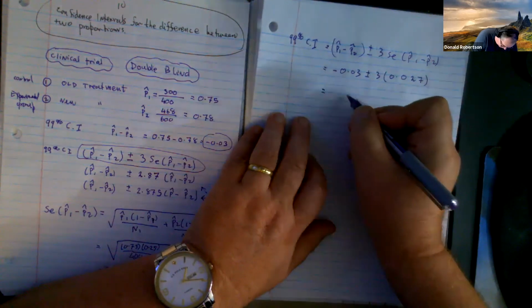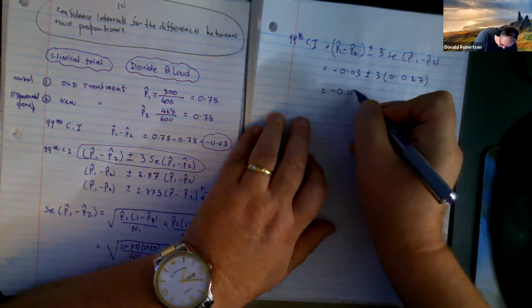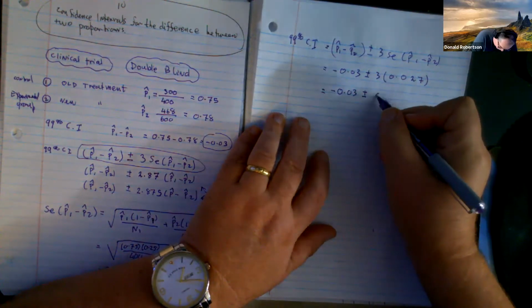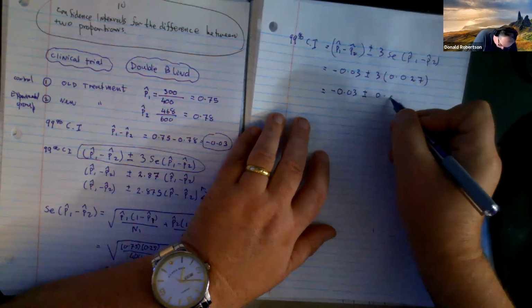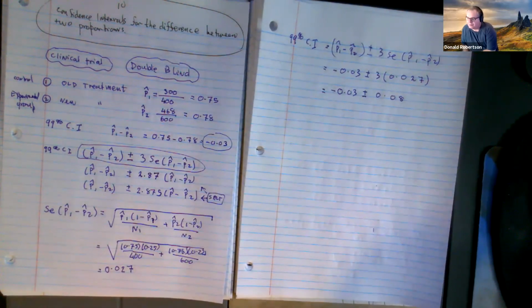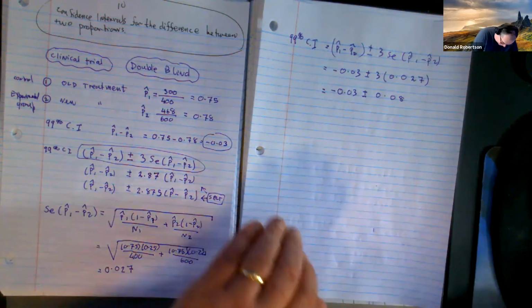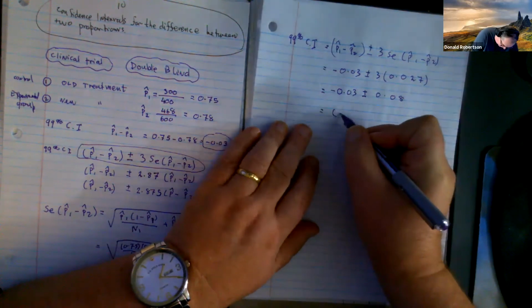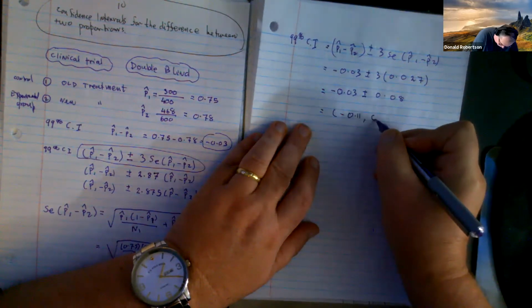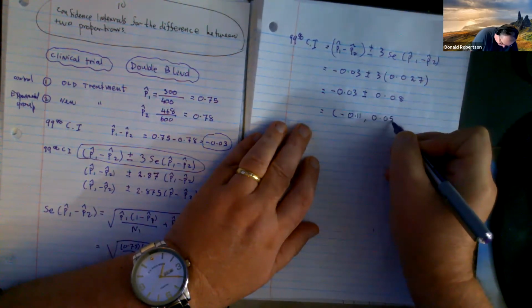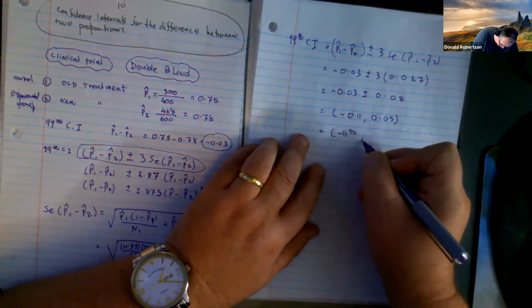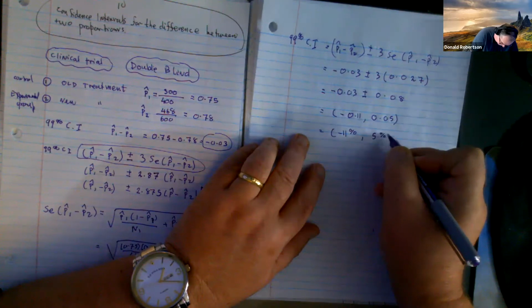So that's negative 0.03 plus or minus 0.081. Can I just call it 0.08? Right, make it easy for me. If you take this away, you get negative 0.11. And if you add it, you get positive 0.05. And as a percentage, that's negative 11% to positive 5.